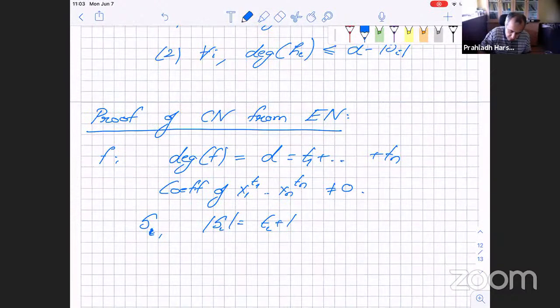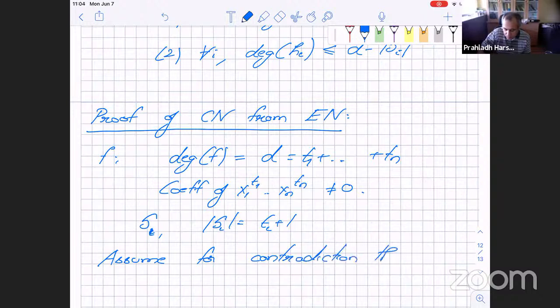We want to say that f is non-zero somewhere on the grid, that there's a point on the grid where it's non-zero. So let's assume for contradiction that f, when restricted to the grid, is 0.